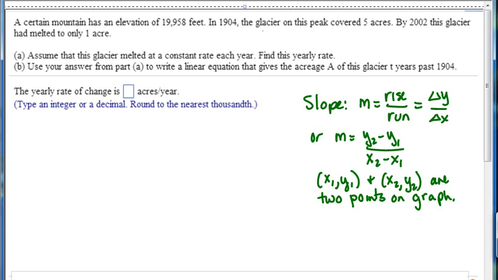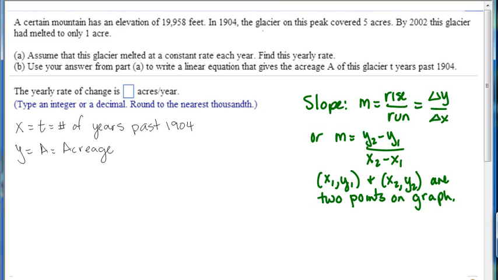So I would like to find 2 points on the graph. I'm going to let x be the years and y be the acres. In part B, they let it be t and a, but I'm going to change it to x and y. The reason I did this is I'm looking for the yearly rate, so I would like to know how much it's melting.